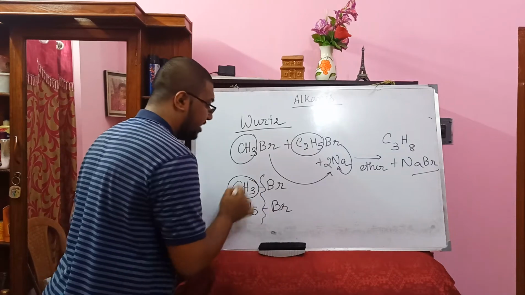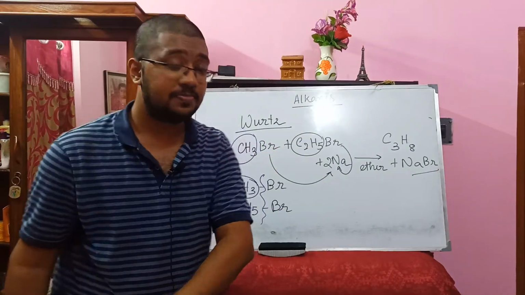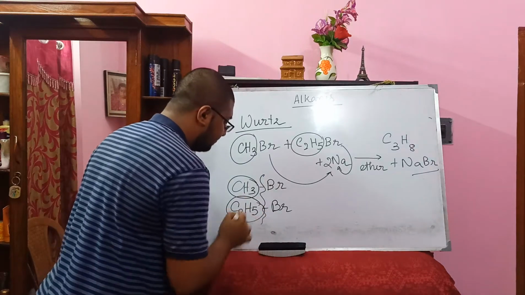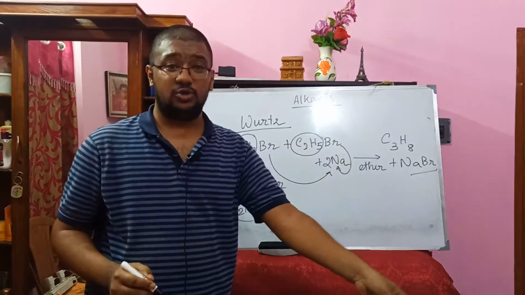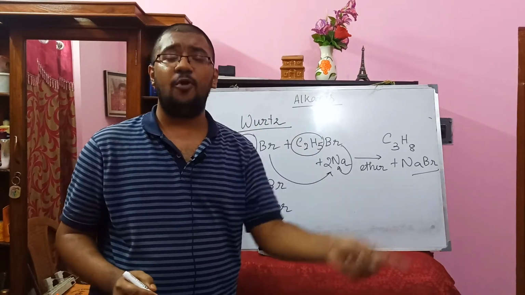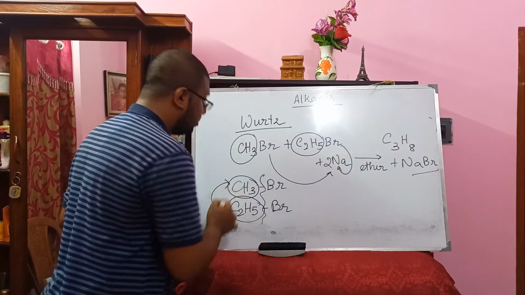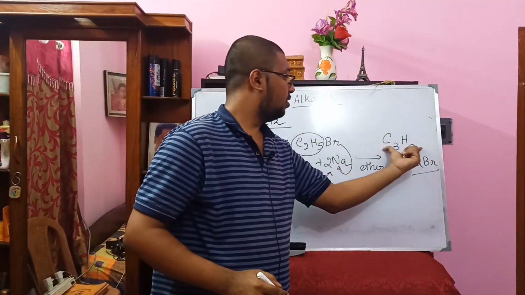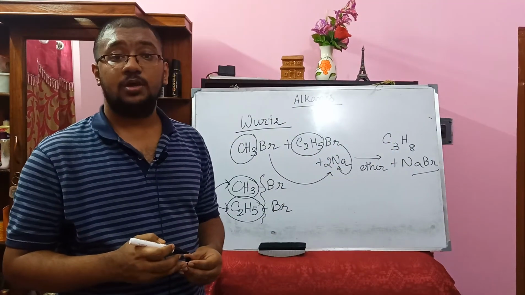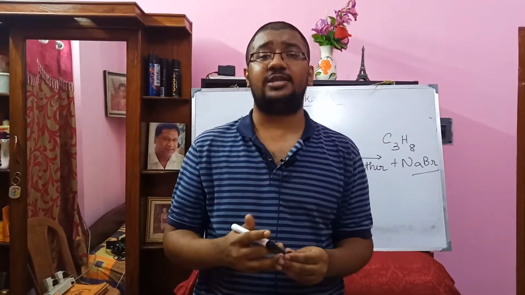This CH3 can join with another CH3 to form C2H6. This C2H5 can join with another C2H5 to form butane, that is C4H10. Or these two can join together to give you propane. So you will get a mixture of hydrocarbons, a mixture of alkanes.